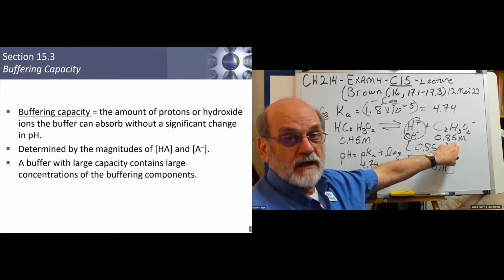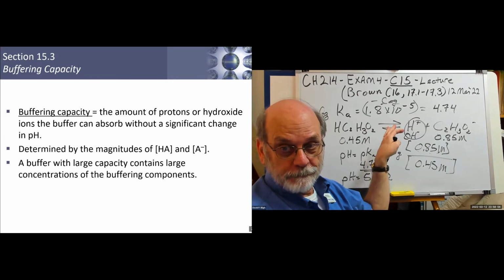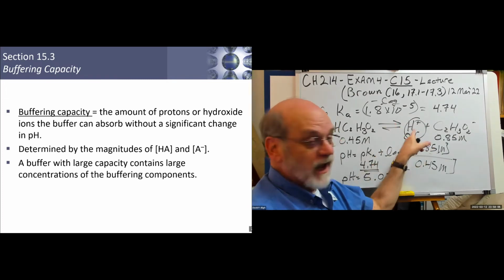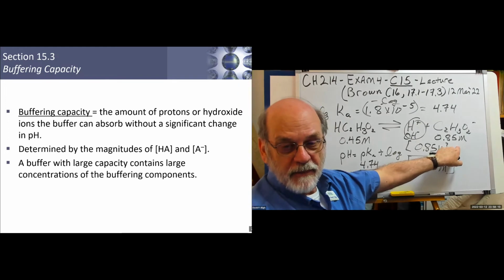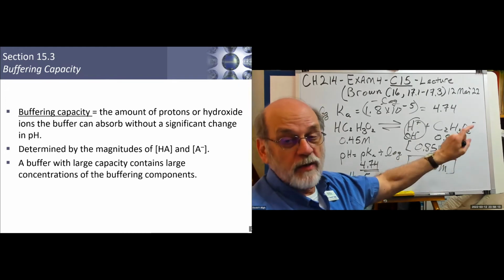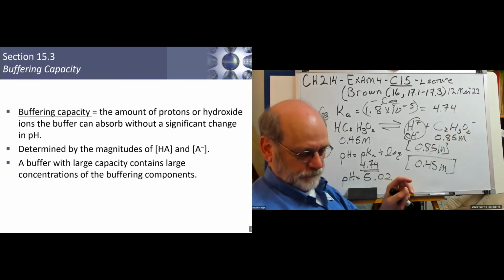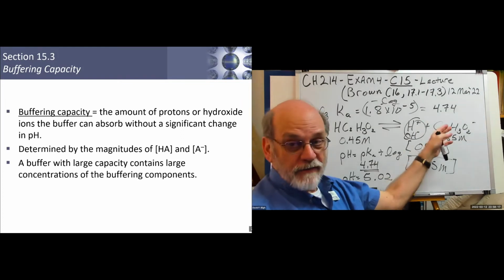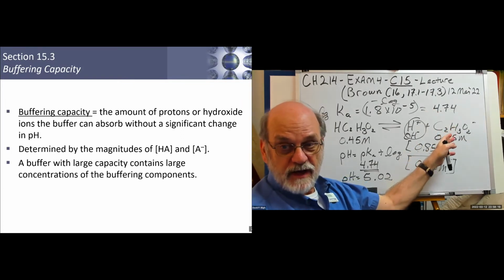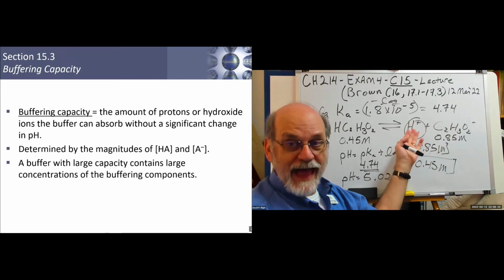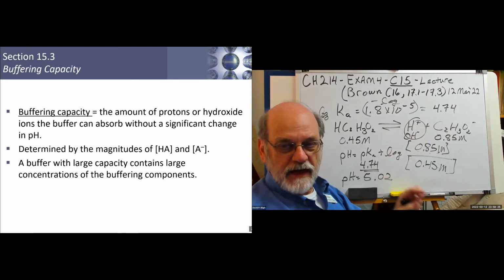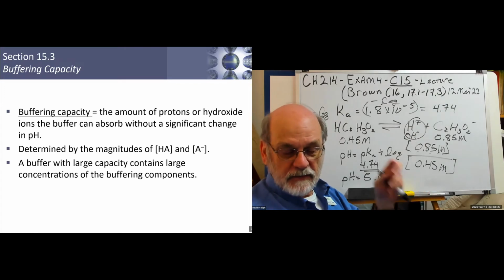It consumes some of it to reestablish equilibrium. Well, if we add a lot of the acid, eventually it's going to use all that up. And at that point, you don't have a buffer anymore. Because if you don't have the strong conjugate base, it cannot combine with the added hydrogen ions. That's known as buffer capacity.